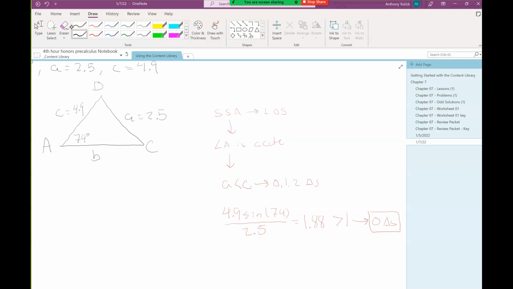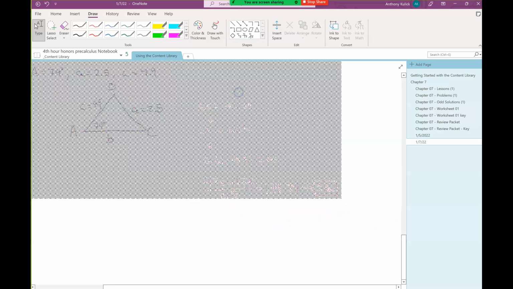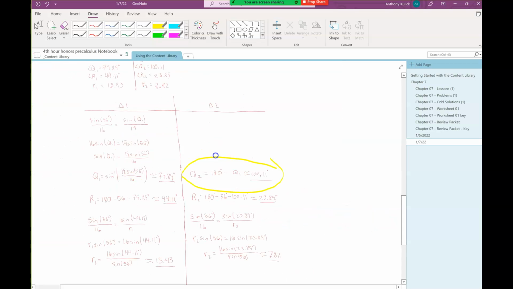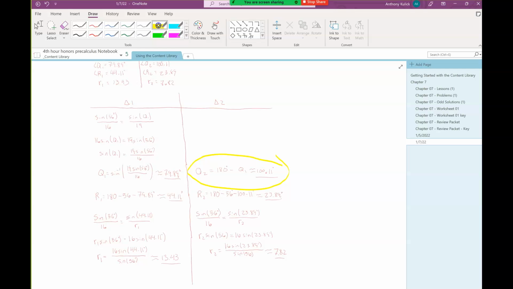How do you guys feel about this SSA situation? Once you figured out whether you're looking for 0, 1, or 2 triangles, it's not so bad, right? The hard part is just figuring out what's going on. Okay. Just FYI, if you had messed something up, it's this part that would get you into trouble.